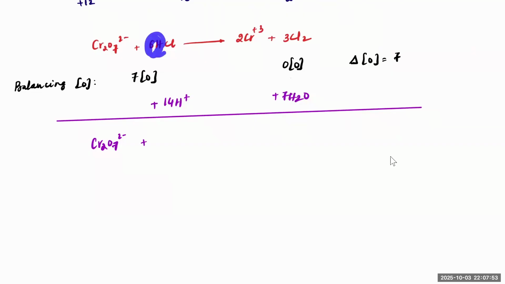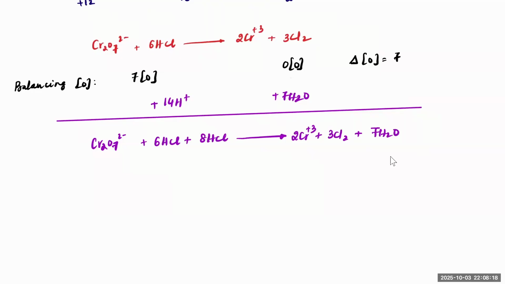That means 6 H plus ions are balanced. So how many extra do I need to balance here? 8. Correct. So 6 HCl was originally balanced. Now I have to add another 8 HCl. And this will convert into 2 moles of Cr plus 3 plus 3 moles of Cl2 plus 7 moles of H2O.